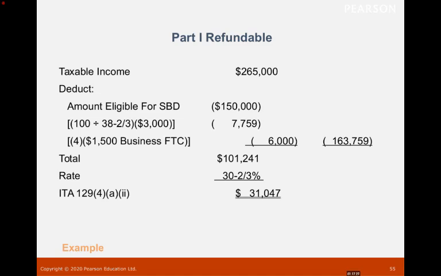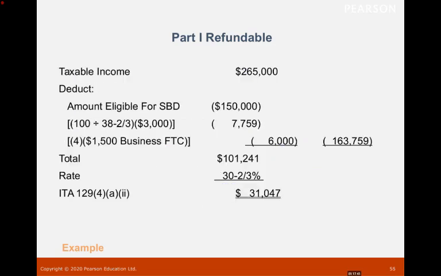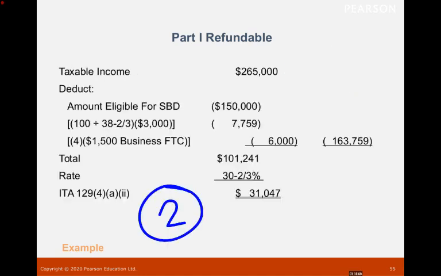Just to clarify here, this Part 1 refundable, we are calculating here in these slides. I'll just call it 1, then 2, then 3. So the refundable portion in this case is equal to 30,800, which is the least of the preceding 3 amounts.